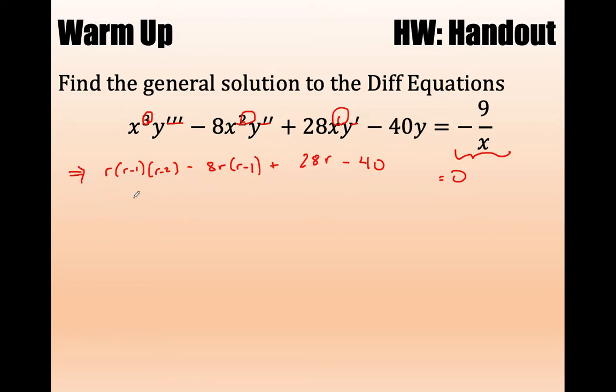because now you're going to distribute this out and you're going to get your r cubed, and I trust you can do this algebra, minus 3r squared plus 2r minus 8r squared plus 8r, collect like terms.